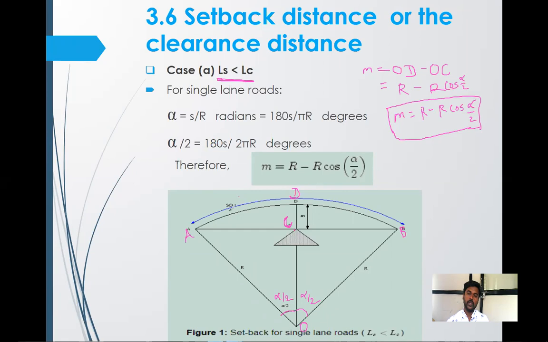This blue line indicates SD, that is side distance. Your case is LS less than LC.